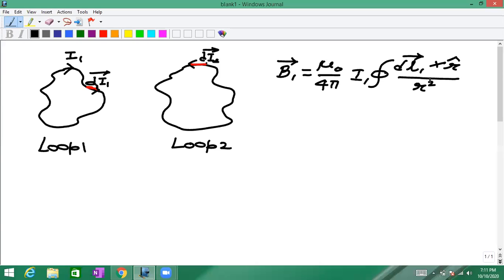Is it okay? Because you know that for finding the magnetic field by applying the Biot-Savart law, first of all we have to consider a current element. So that current element is dl1. dl1 is the current element.